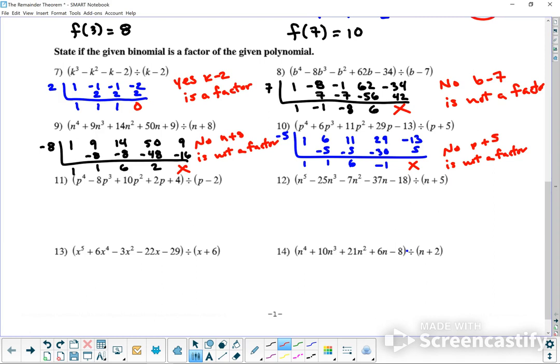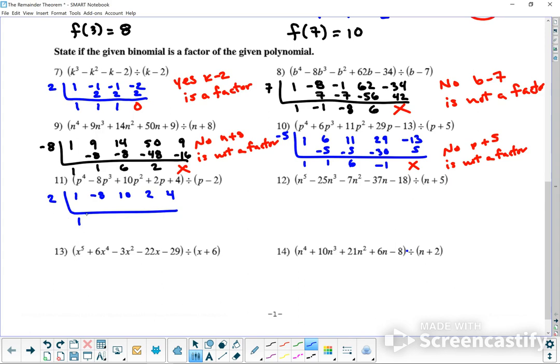Okay, so we're going to try this one. So 1, negative 8, 10, 2, 4, with negative 2. Positive 2. Because that was p minus 2. So when we solve for the p, we'll get positive 2.